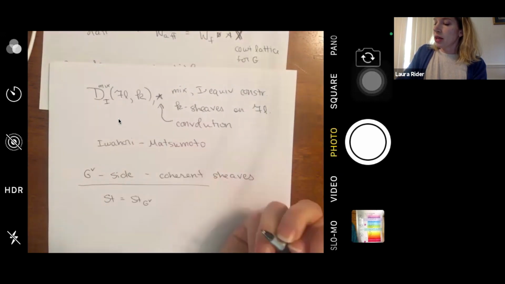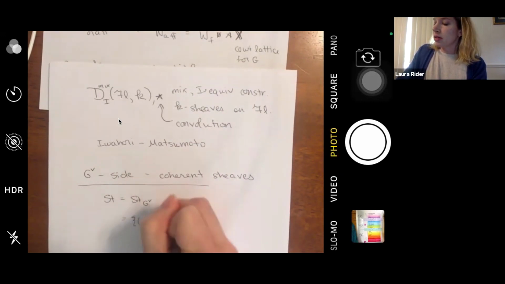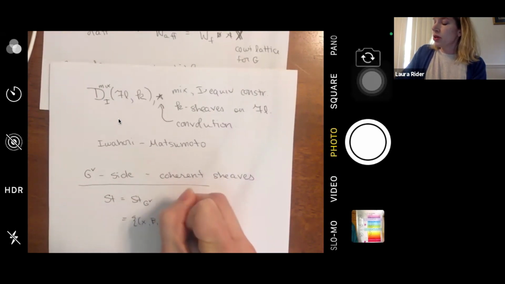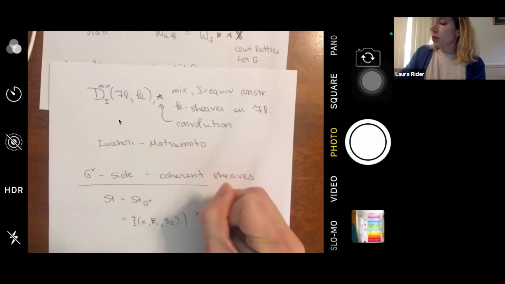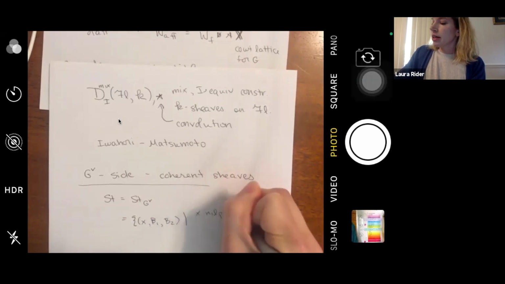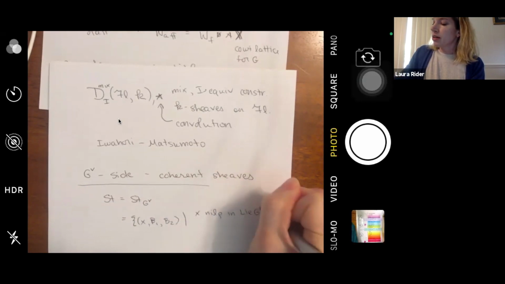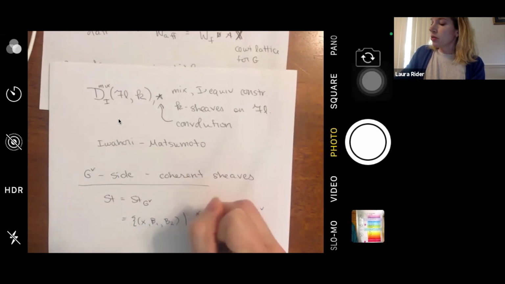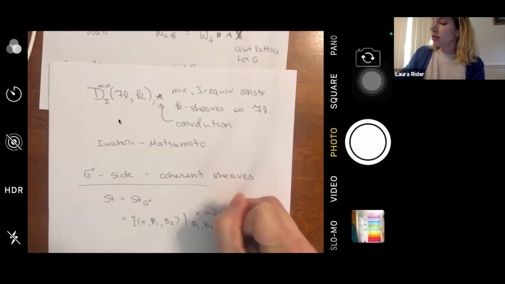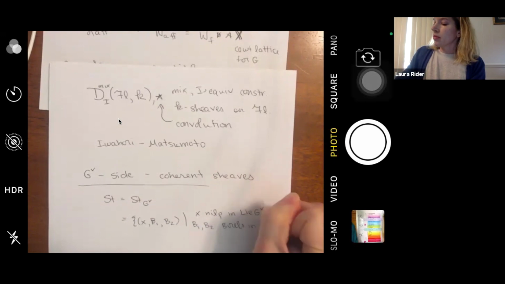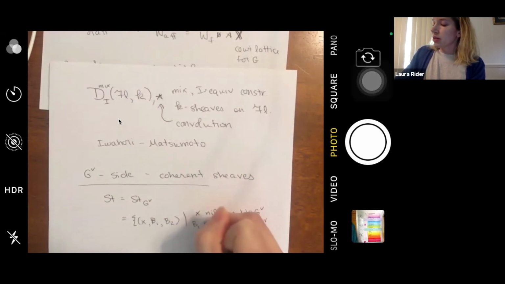So this can be realized as the set of triples, let's say X and B1 and B2. So X, I want this to be nilpotent in the Lie algebra associated to G check, and then B1 and B2 are Borels. And I want this incidence condition to hold.